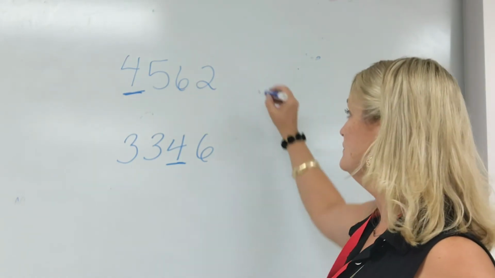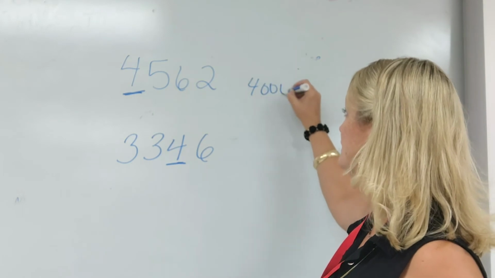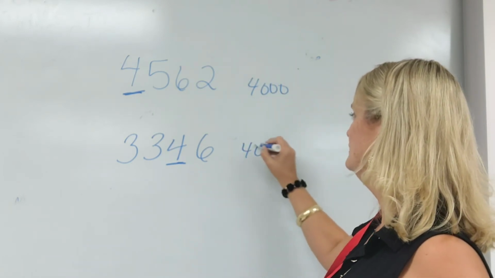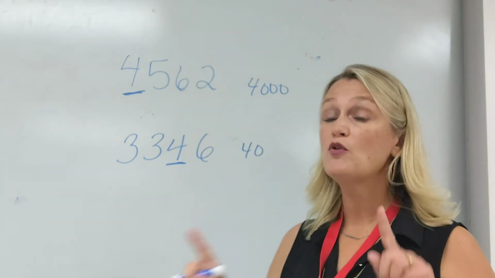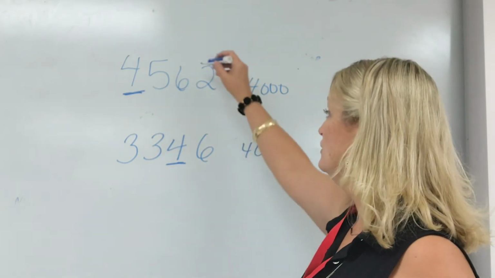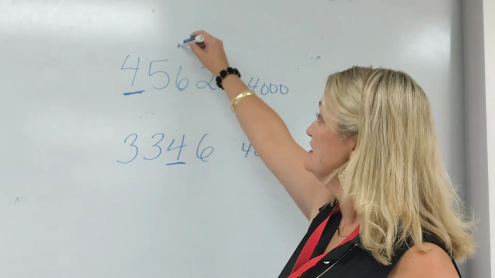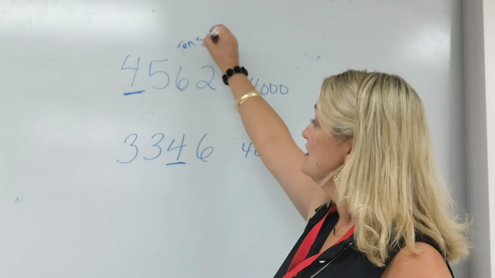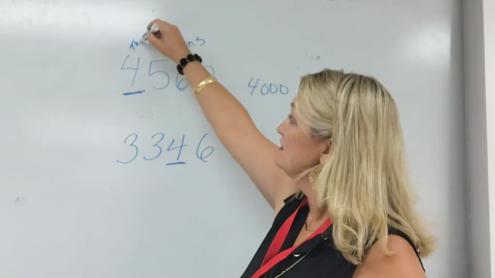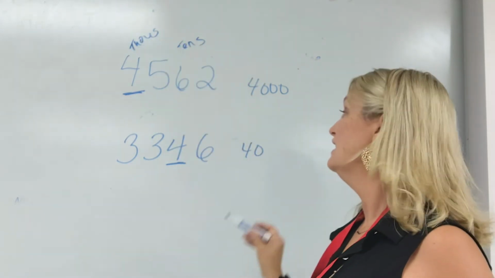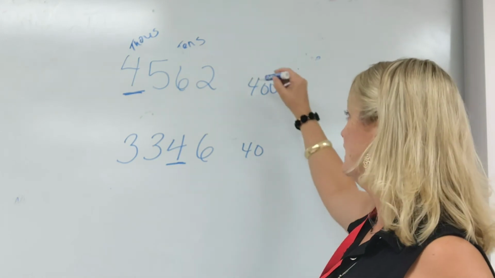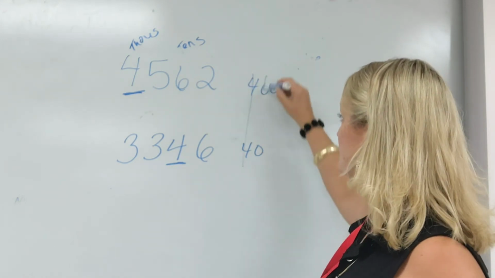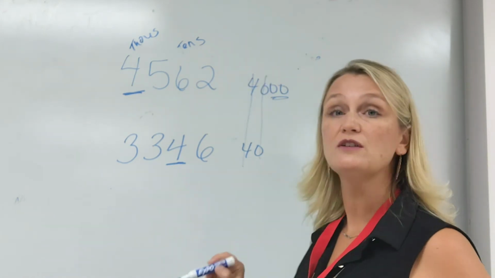So 4,000, 40, it's more than one space away. This one's in the tens. This one's in the thousands. Okay? And if you look at it this way, 4, 0, there's 2 zeros.